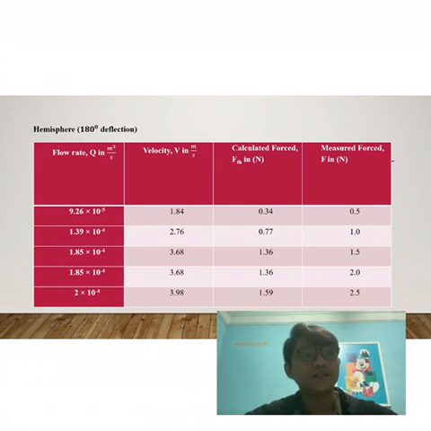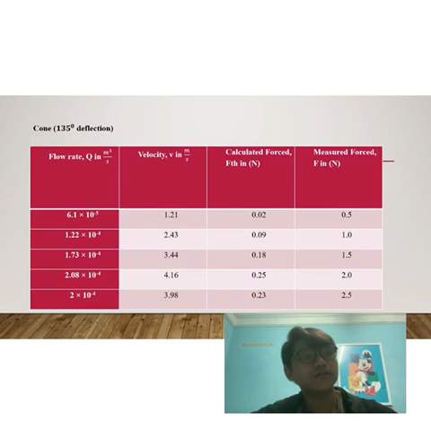The first sample flow rate is 9.26 times 10 power of -5, the velocity is 1.84, the calculated force is 0.34, and the measured force is 0.5. So for the cone result, for sample 1, the flow rate is 6.1 times 10 power of -5, the velocity is 1.21, the calculated force is 0.02, and the measured force is 0.5.